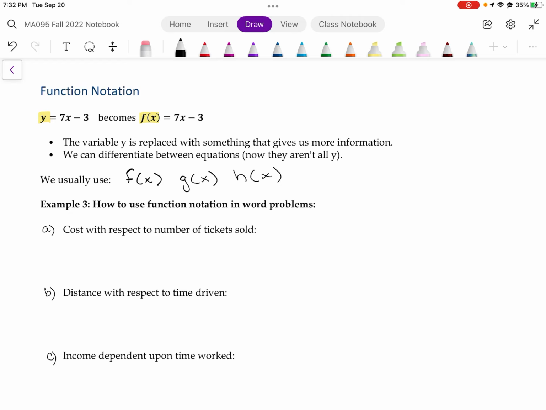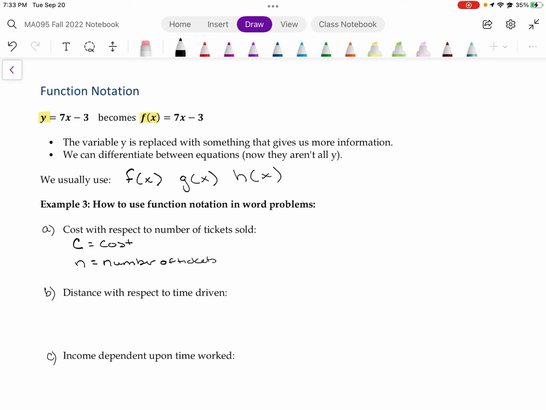So you've got to decide what is going to be what. So let's say C is going to be cost, all right? And N is going to be number of tickets sold. And this is where things get hard for people because you can make up your own stuff, and a lot of people get lost with that. So use letters that make sense. C is the cost, N is the number of tickets sold, okay?